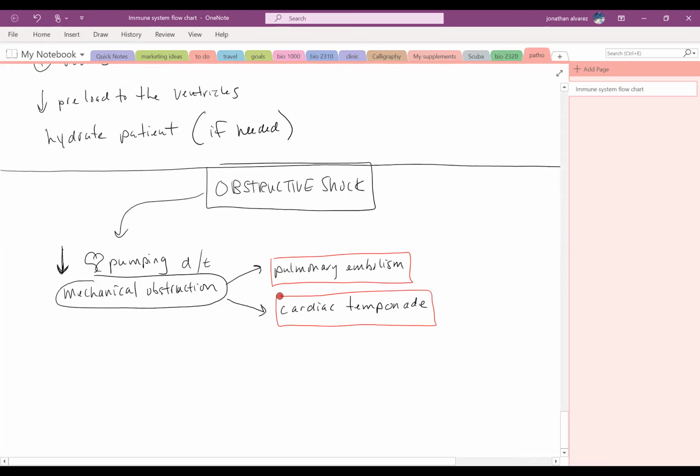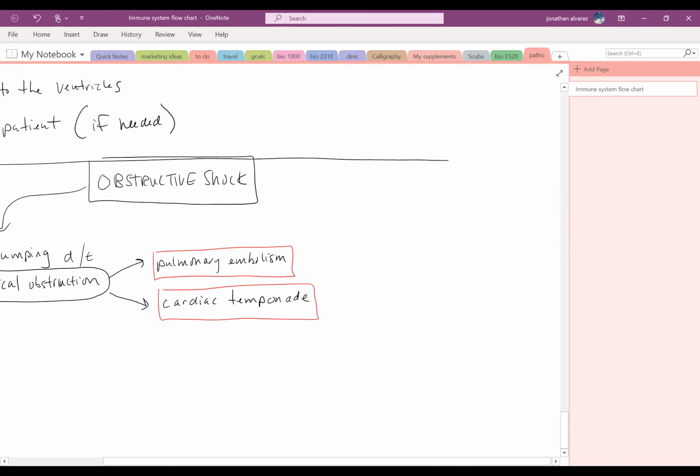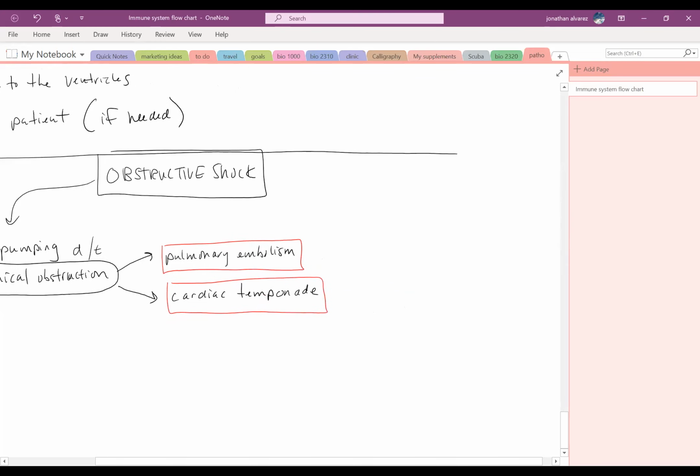Okay, pulmonary embolism would be, basically, a blood clot in the lungs. Kind of an easy way of looking at it. So if this happens, then the person will experience dyspnea, which is shortness of breath.